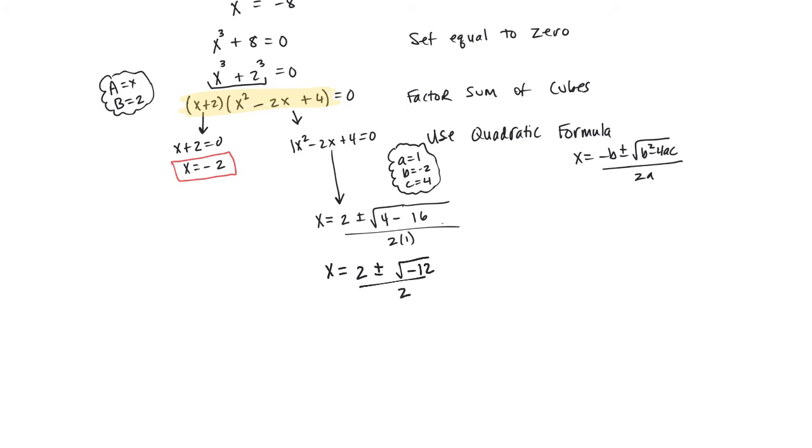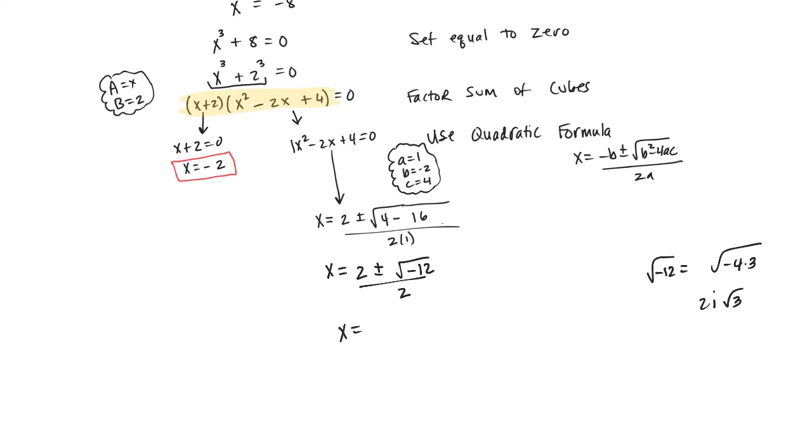over 2. And square root of negative 12, that's going to simplify to what? That's 4 times 3. So square root of negative 4 is 2i, and then we can't simplify square root of 3 anymore.